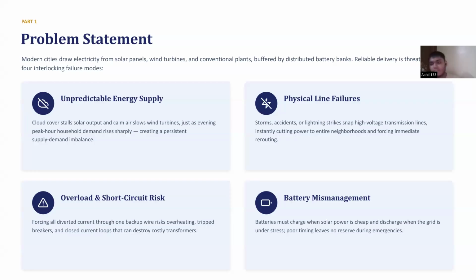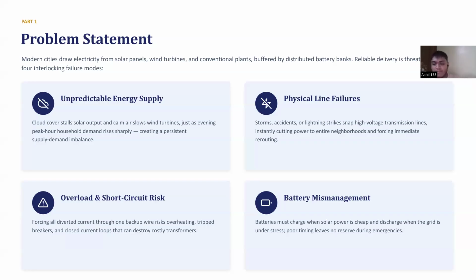And these usually happen at times when the demand is high, like during the evening when people turn on their televisions to relax, or when people come home from work. So at that time, the demand is high, but supply is low.